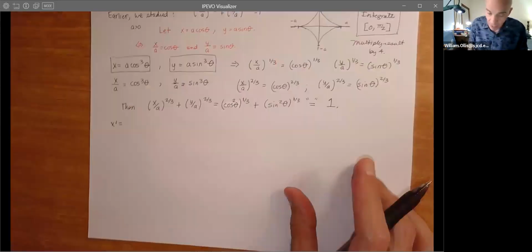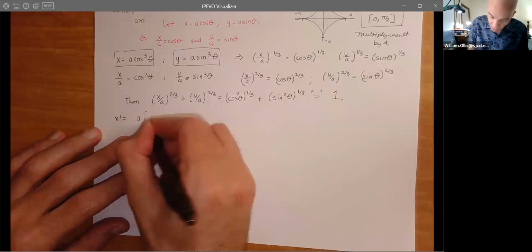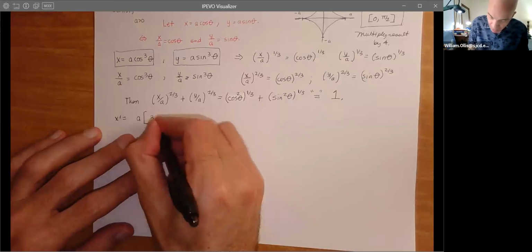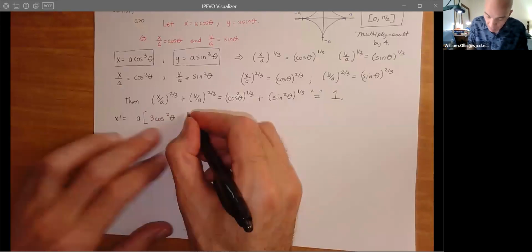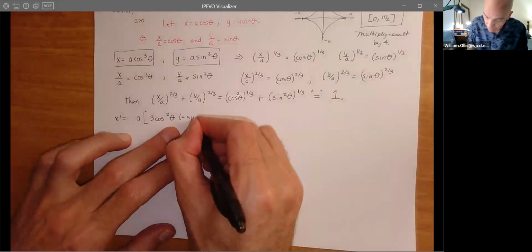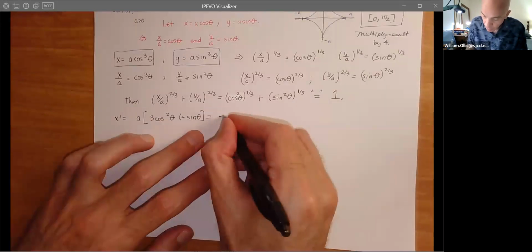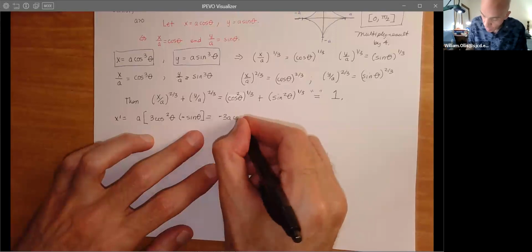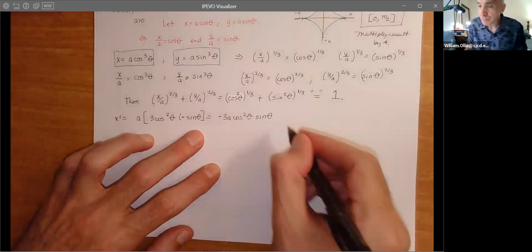Let's try this. So let's do x prime. This will be an a, and we get a 3 cosine squared theta times a negative sine theta. So this gives us negative 3a cosine squared theta times sine theta for x prime.